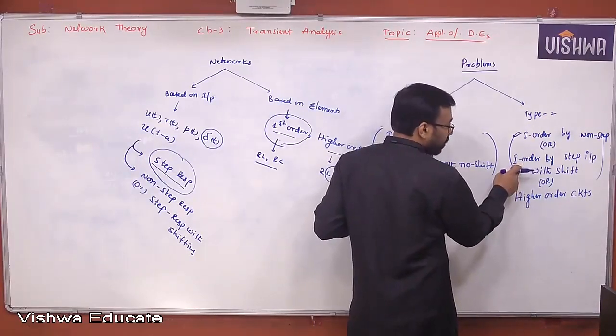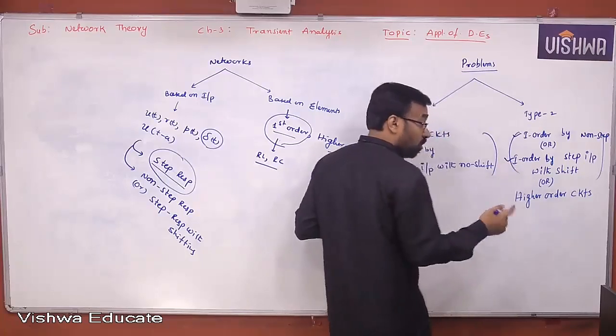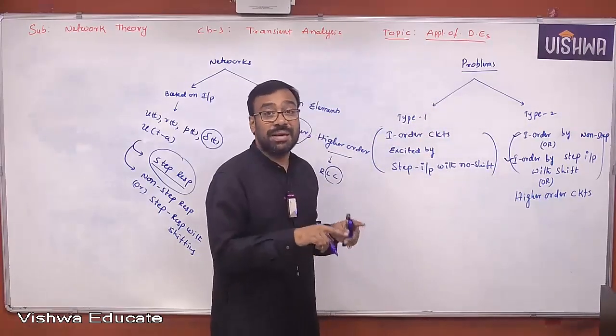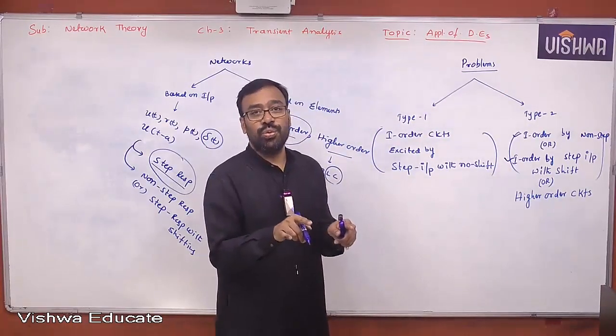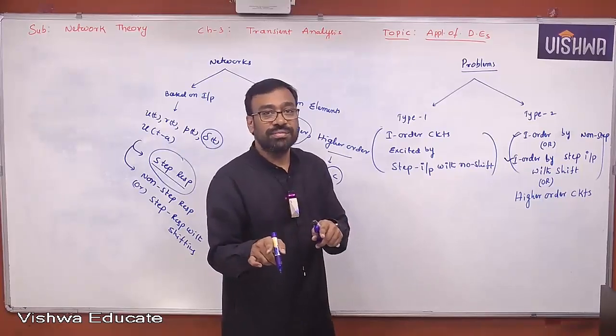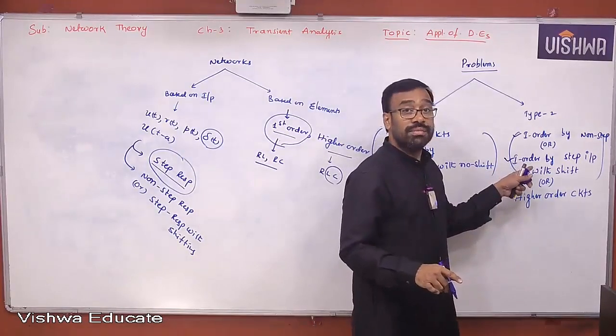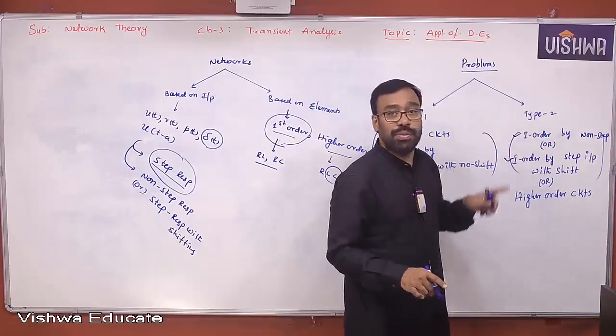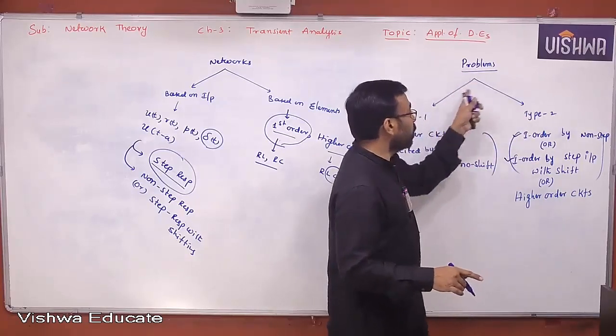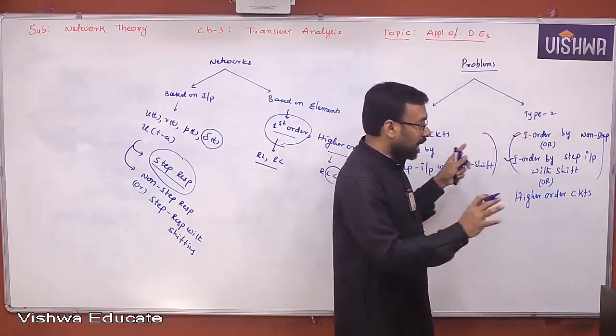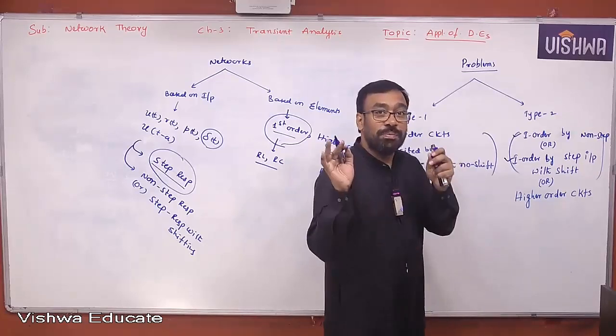Sometimes you may have first order with of course step, but the step is having shift, like u of t minus 2. That category of problems also comes under type 2 problems. The total problems are divided into 2 categories. I'm sure that if you can remember this, you can play with the problems.